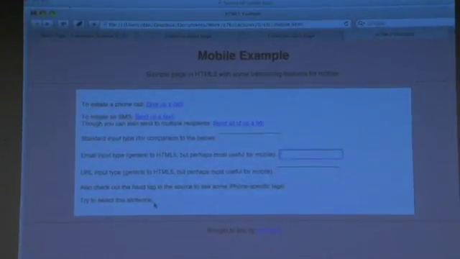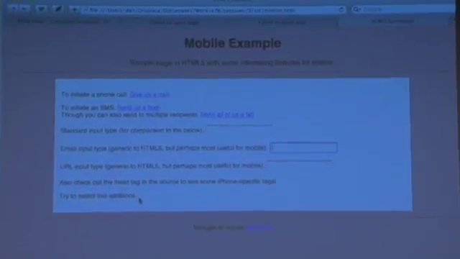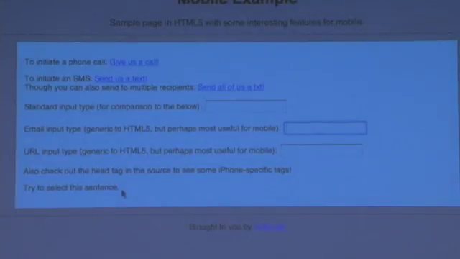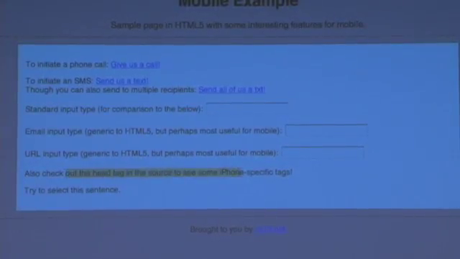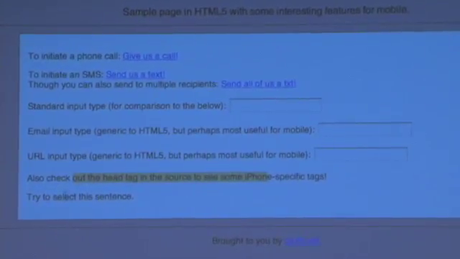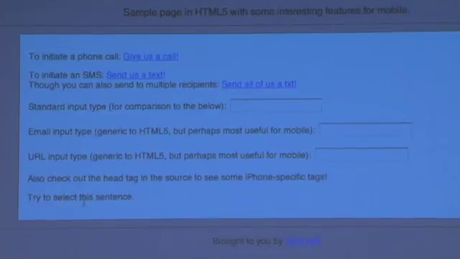And now, one last thing that's sort of interesting, you can actually add some additional WebKit-specific CSS. Notice that at the very bottom there's a sentence that says, try to select this sentence. Normally what you can do is use your mouse or use your finger on the iPhone to select some text within the page. But by adding a WebKit tag, you can actually disallow the selection on that page.